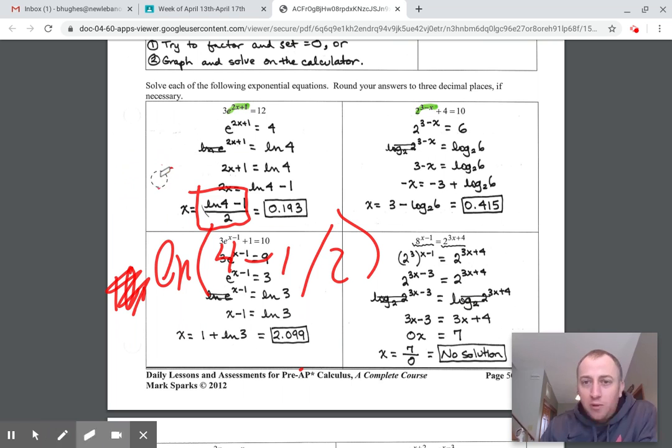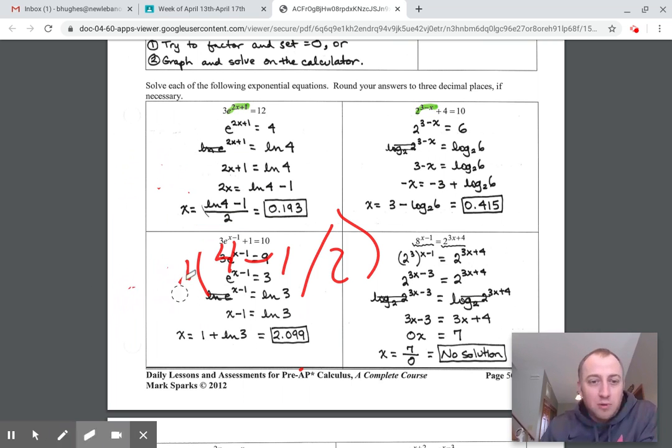That next example over there, 2 to the 3 minus x power plus 4 is equal to 10. The first thing you need to do is isolate that exponential expression, which they did by subtracting 4 from both sides. So now I have a base of 2. So what we would do is take the logarithm of both sides. So we would end up with log base 2 of 2 to the 3 minus x. That would just leave you with 3 minus x.